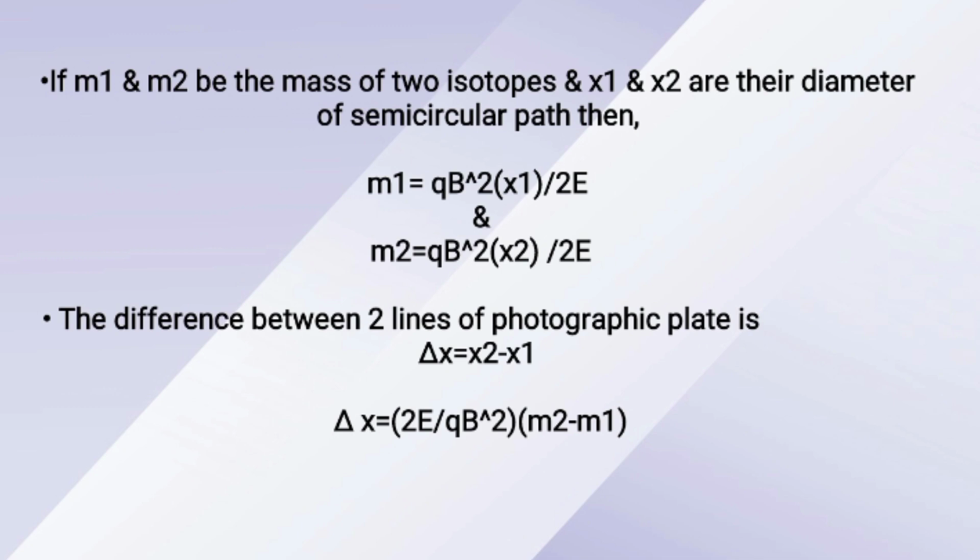The difference between two lines on the photographic plate is the change in diameter, x2 minus x1. So we can say that delta x equals 2E upon qB square multiplied by (m2 minus m1), that is, the difference between the masses of the isotopes.